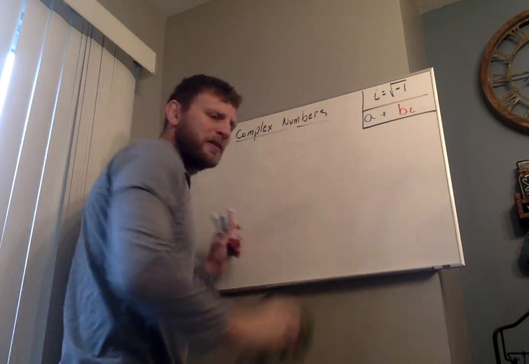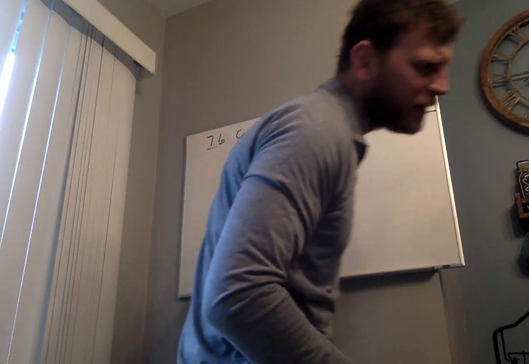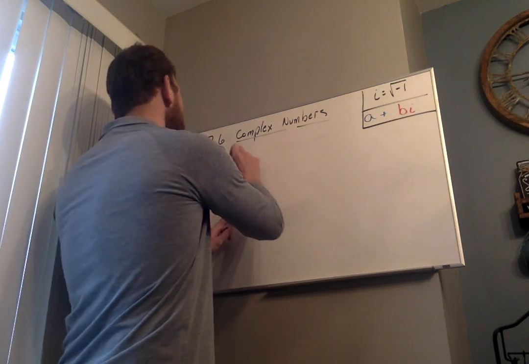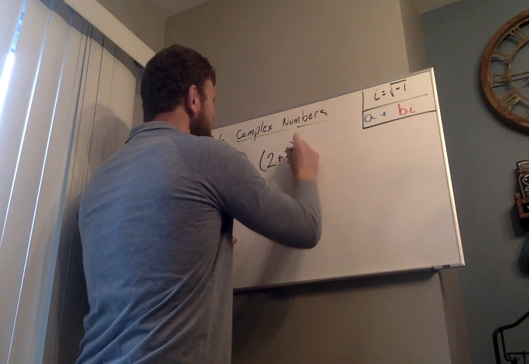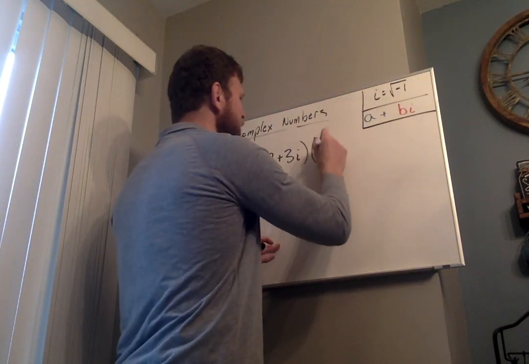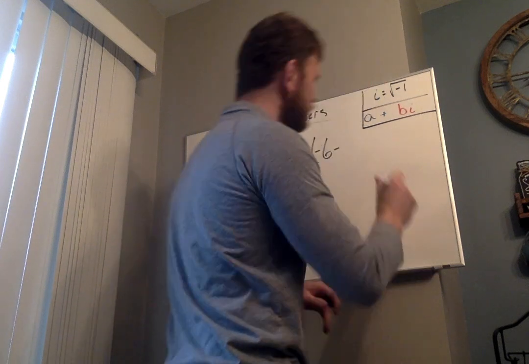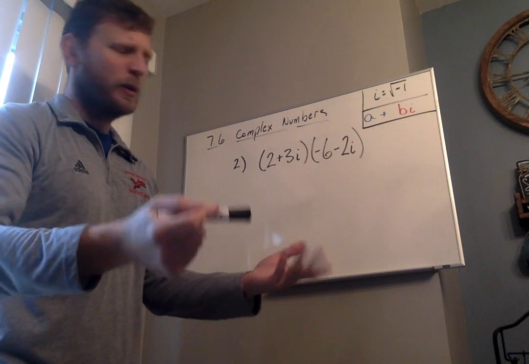Let's look at the second one. Now the second one's a little bit trickier because it says 2 plus 3i times -6 minus 2i. All right, so now I'm going to FOIL this.